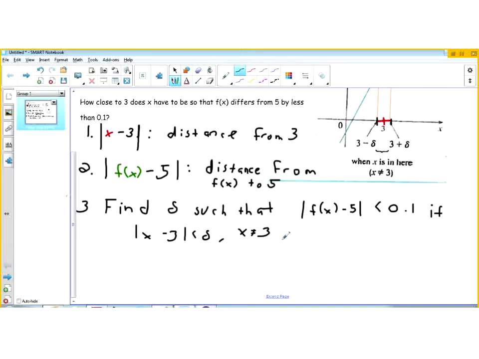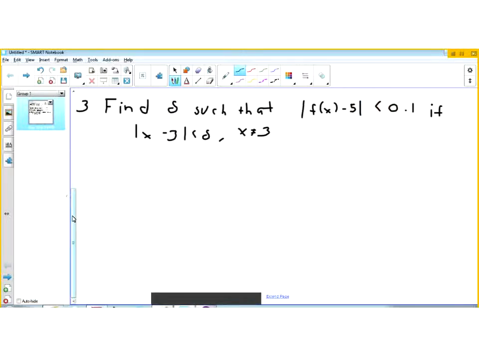So here's how we compute delta. We need to find a value for delta, preferably a numeric value. Translate it mathematically: we have the absolute value, or distance, because absolute value is a distance function, of f of x minus 5.